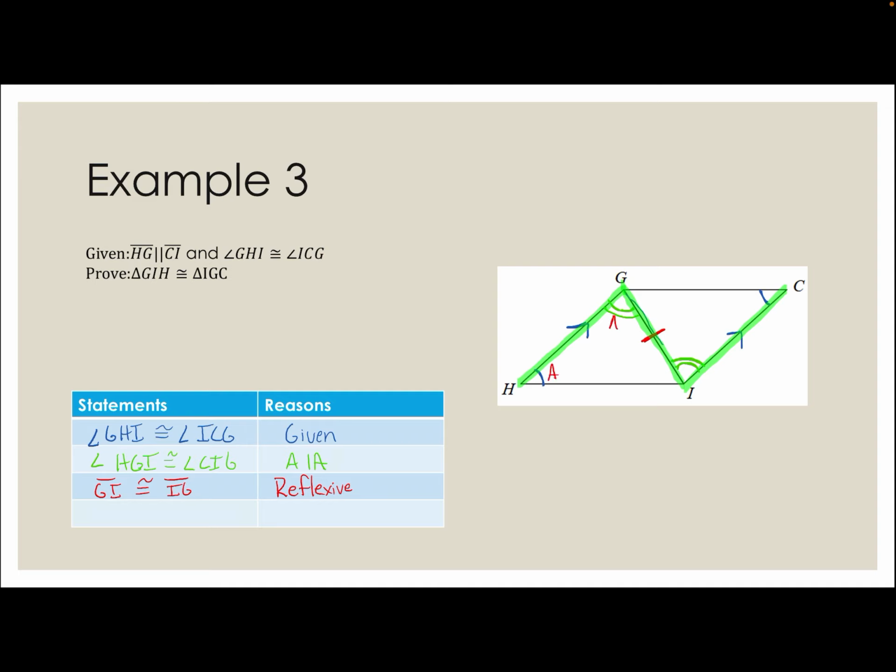And so now we have an angle, and we have a side. And the side is not between the two angles. So we're going to get triangle GIH is congruent to triangle IGC. And the reason is angle, side congruence.